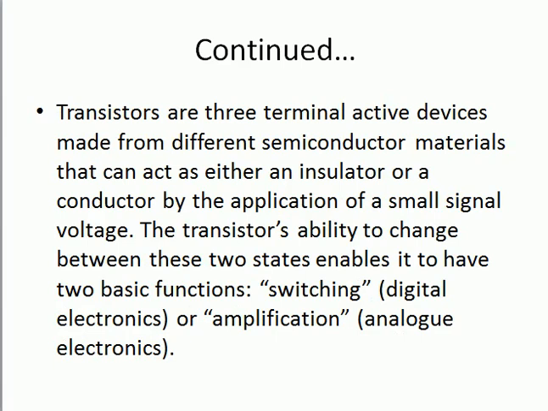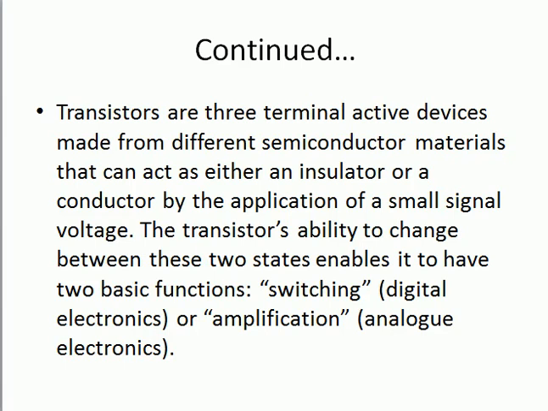As I said, the transistor is a three-terminal device. These three terminals are, first the base, second the emitter, and third the collector. What is the purpose of the base, what is the purpose of the emitter, and what is the purpose of the collector?